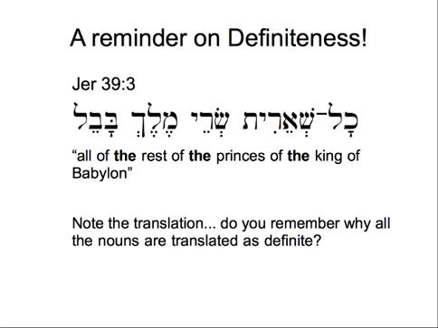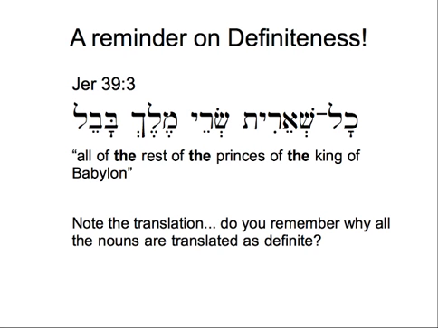We discussed how some nouns are definite and some are indefinite. And one thing to remember is all proper nouns are definite. And so when we look at the translation for this long construct chain, every noun in the construct with this definite proper noun, Babel, is also definite.